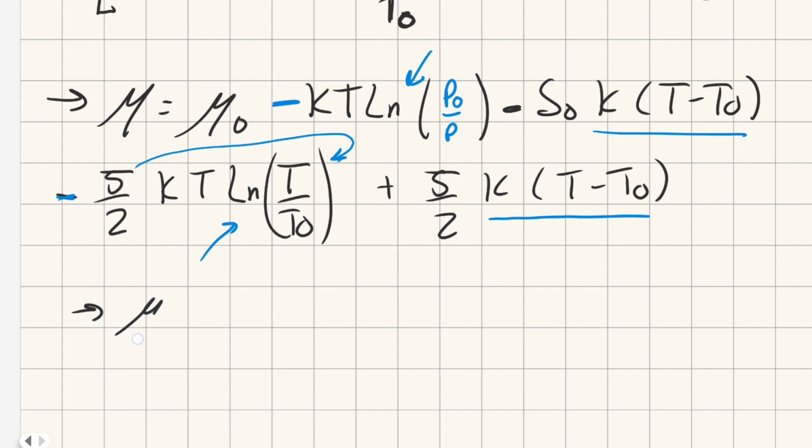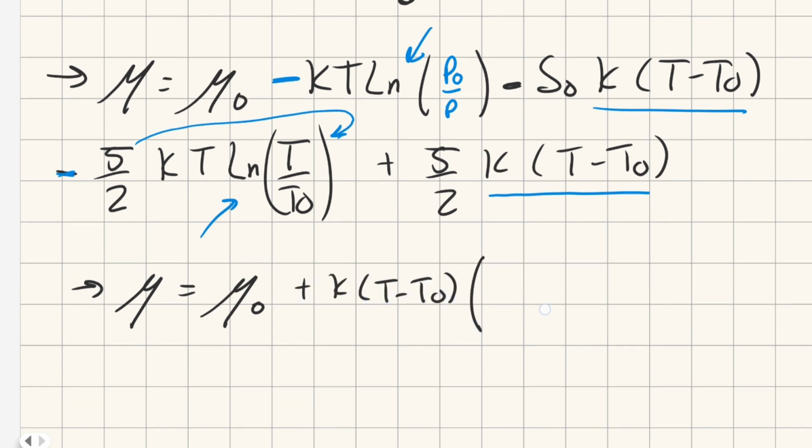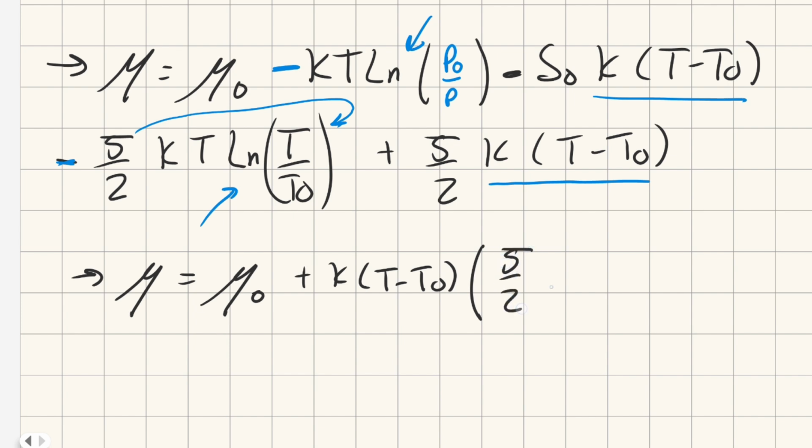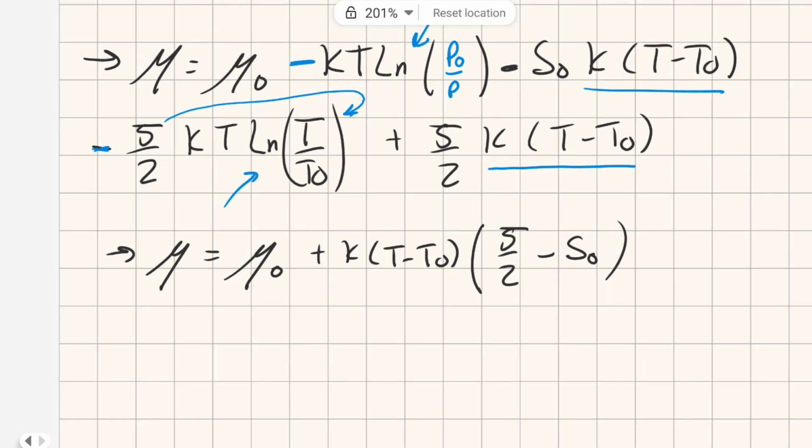We are going to get that mu is equal to mu0 plus k times t minus t0, that multiplies 5/2 minus s0, like this. And then we are going to factor a minus, then a kt, and then we have the same sign on the natural logs.